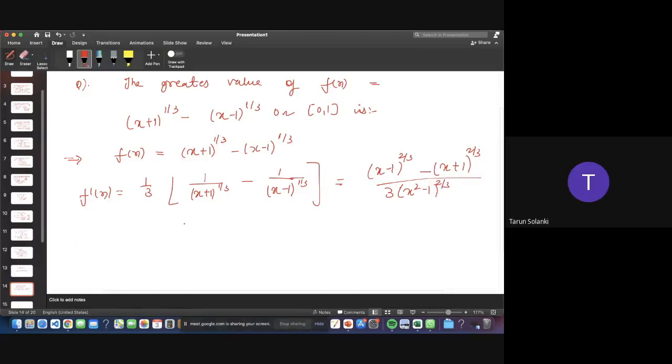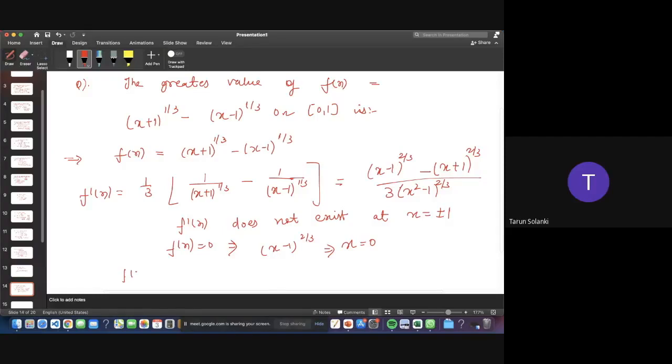So clearly we can see f dash x does not exist at x equals plus minus 1. So now f dash x equals 0, which means x equals 0.